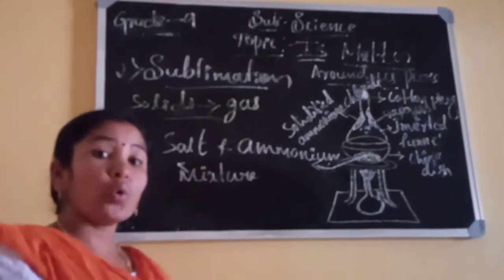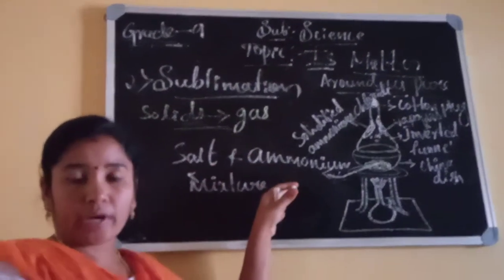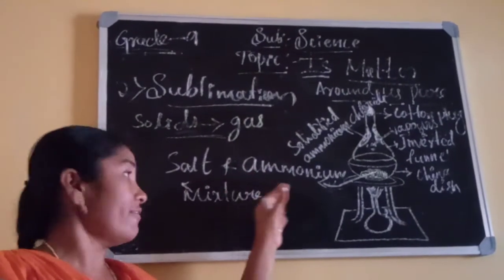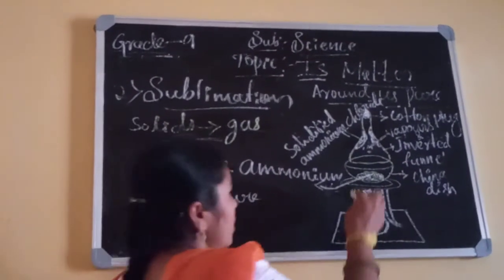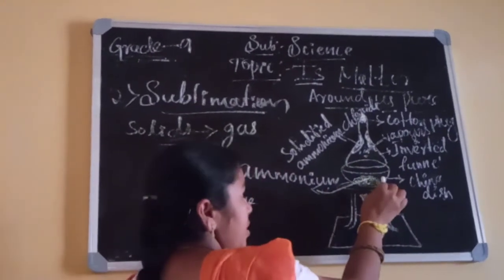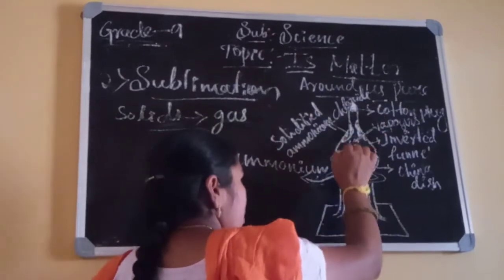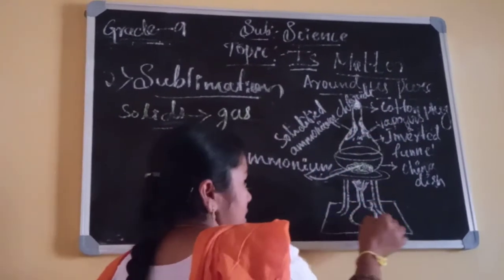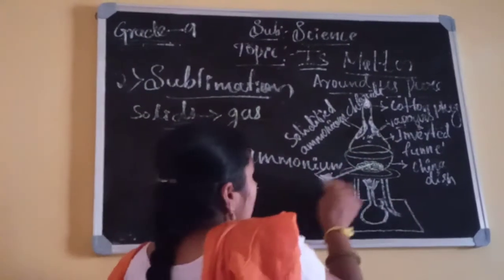Let's see now how to separate the mixture of salt and ammonium chloride. From this mixture, how can we separate the ammonium chloride? We have to take one china dish, one inverted funnel, and one lamp. We have to set up the apparatus like this.